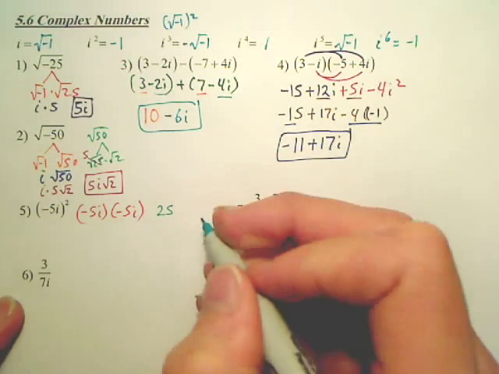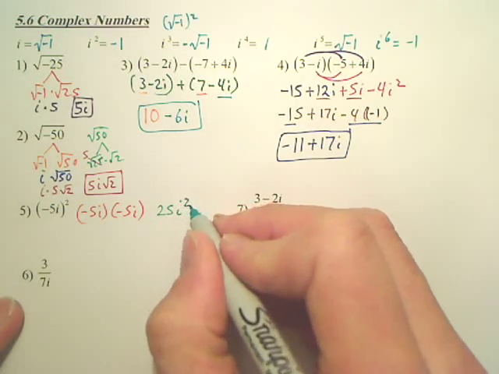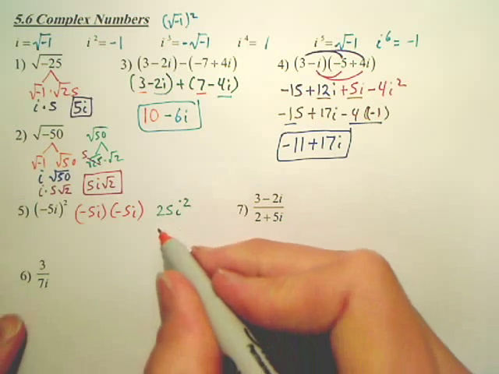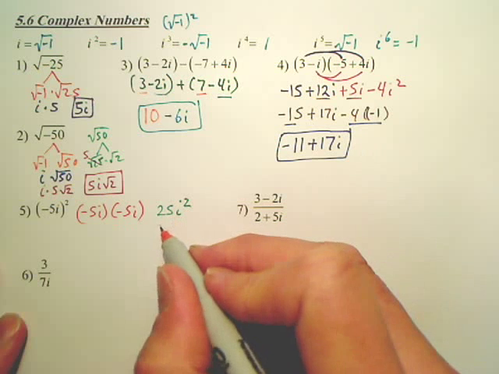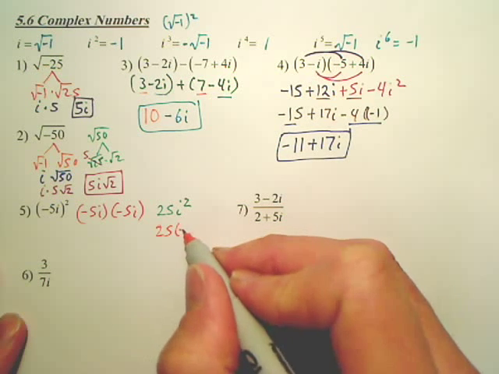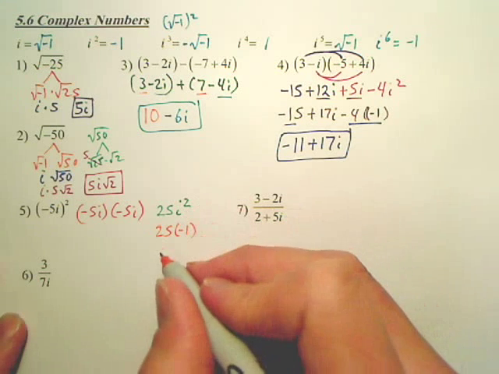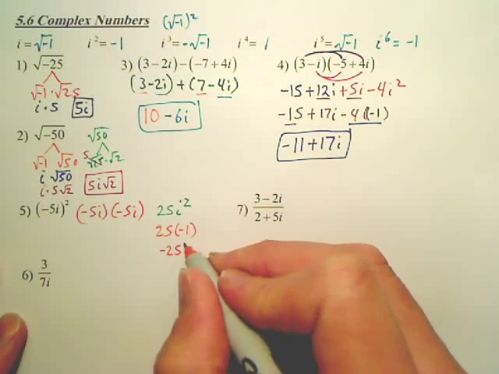And what's i times i? i squared? Well, what's i squared? Isn't i squared -1? So 25 times -1 is -25.